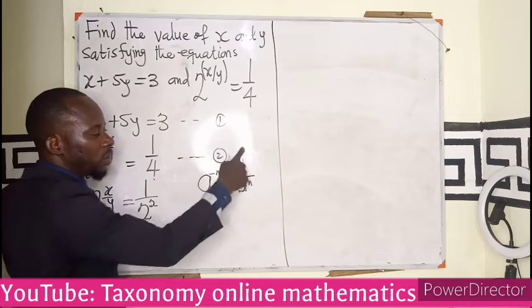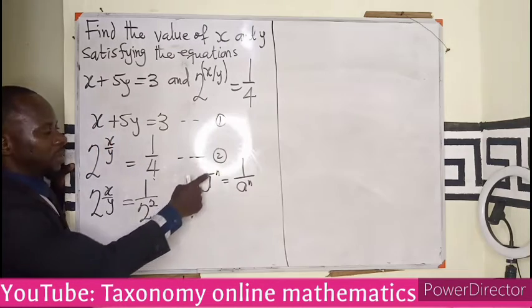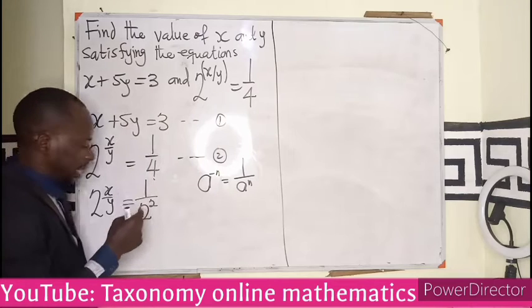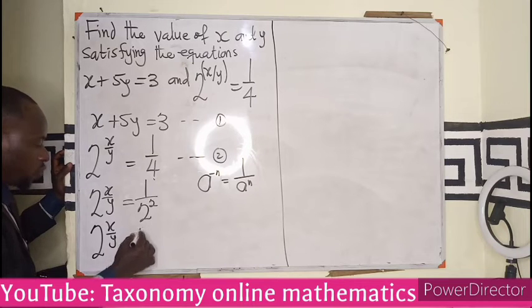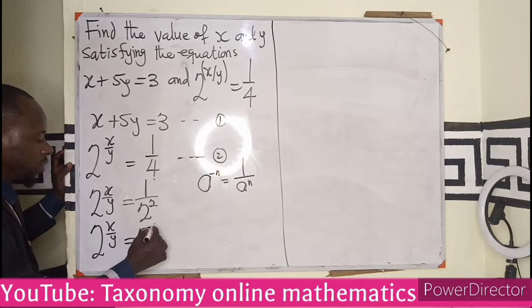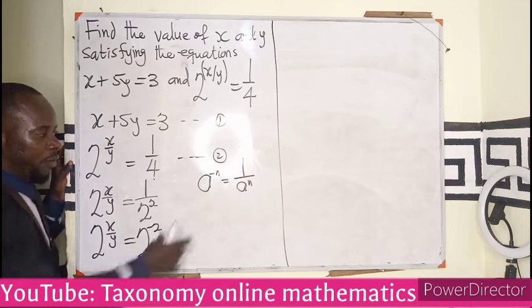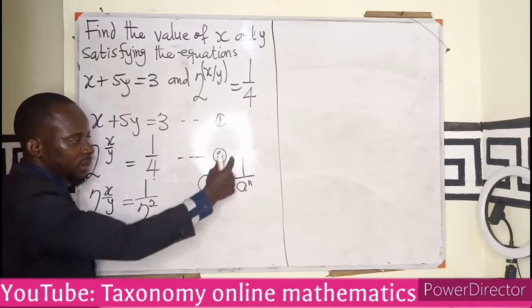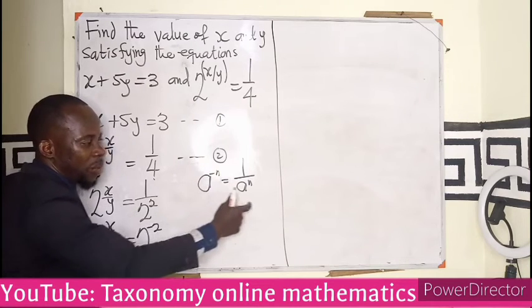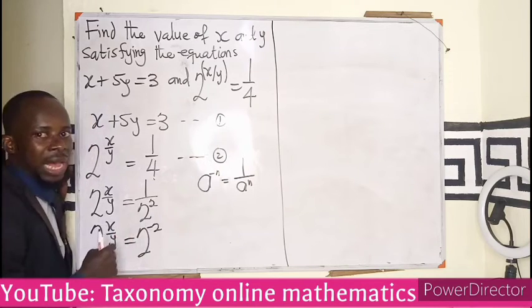This is a negative, so the whole of this becomes expressed like this, maintaining our base 2. This equals 2^(-2). The negative exponent gives a reciprocal of the power, which is the base and the exponent as positive.